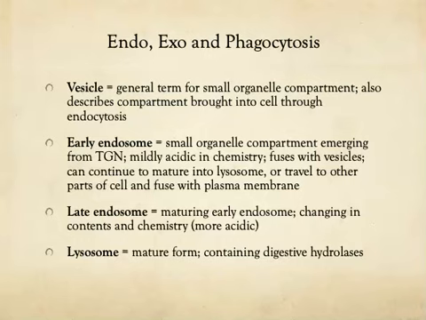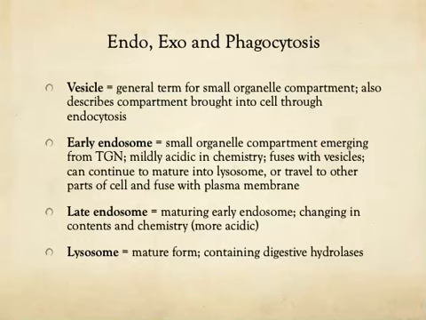They can fuse with other vesicles, and they can continue to mature towards being a lysosome. Now, later in the maturation process, an early endosome becomes a late endosome, and we give them the designation of late endosome when they have become more acidic in their internal compartment.